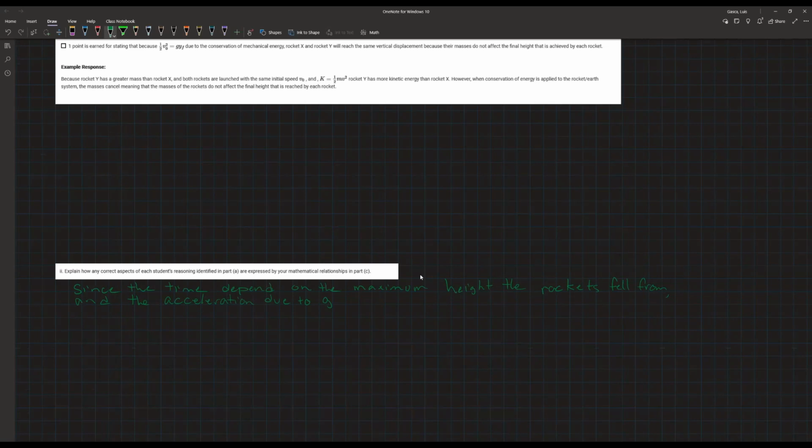Since the times depend on the height and the acceleration due to gravity, both rockets will take the same amount of time.